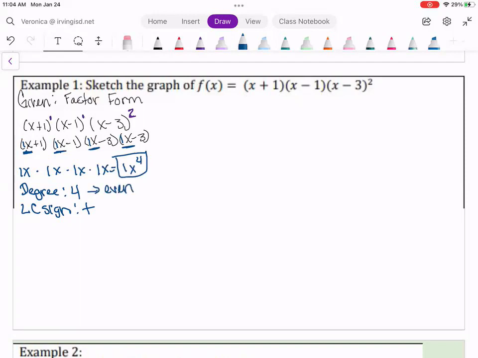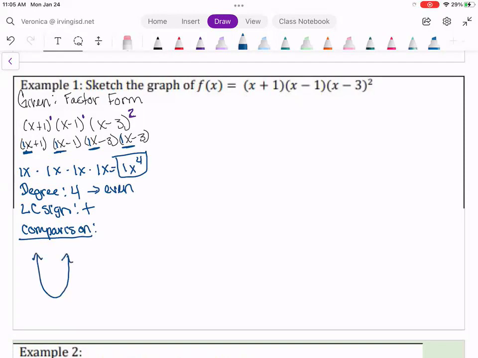So because it's even, we're going to use this with the leading coefficient sign for our comparison, right? Remember, we know it's even degree and the leading coefficient is positive. So which graph comparison can we compare it to? Hopefully you thought quadratic.